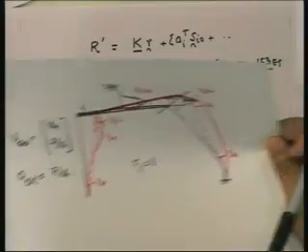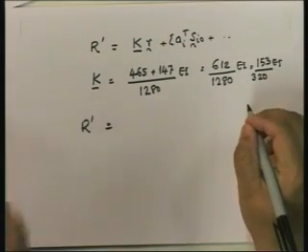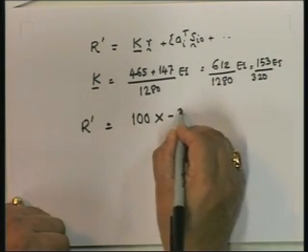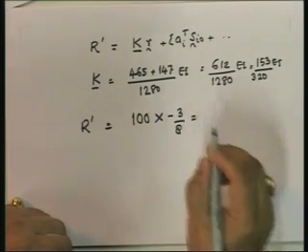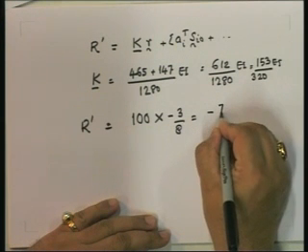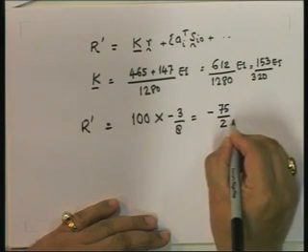What we have to do is find out the work done by the 100 Newton, and this 100 is going to do negative 3 by 8. So, the work done would be 100 into negative 3 by 8, which basically becomes 75 by 2.